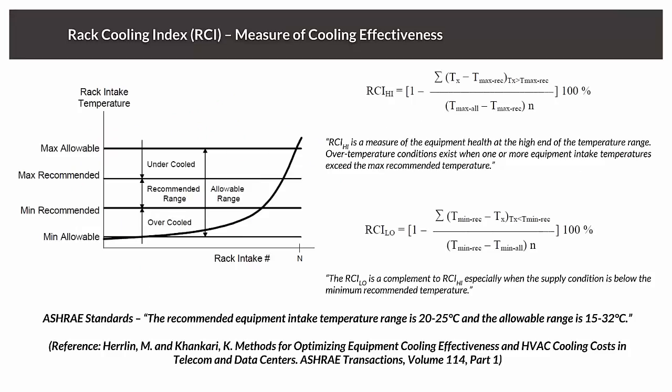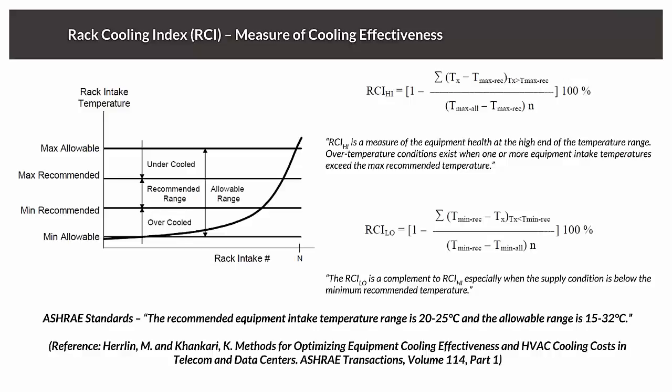The parameter that is mostly interesting for us is the rack cooling index, which measures the cooling effectiveness of the system itself. We will have two parameters that allow us to calculate the performance of the tool and what is happening within the server.